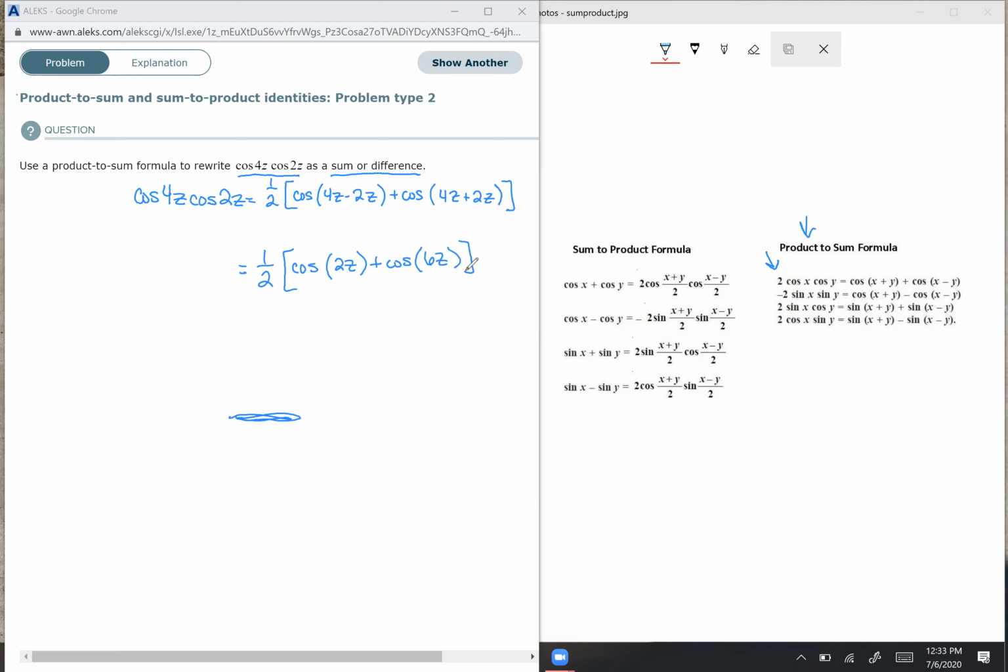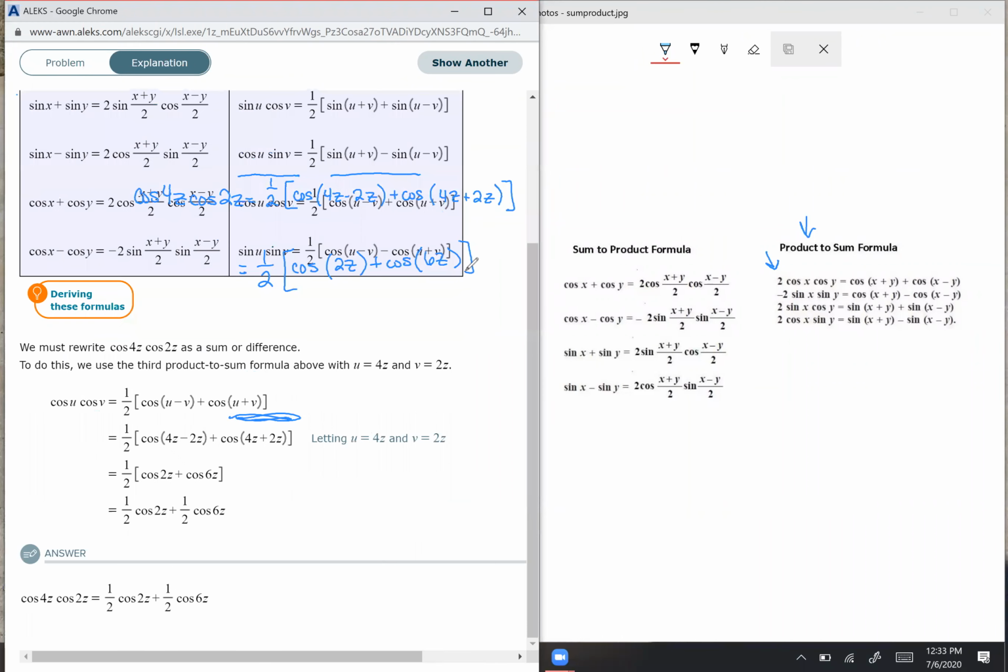And you guys, there's really nowhere we can go with this. Again, I'm going to check if ALEKS takes it any further than I have here, because there's not a lot of place it can go. One thing that it looks like they've done is distribute this 1/2 to both of these terms separately.